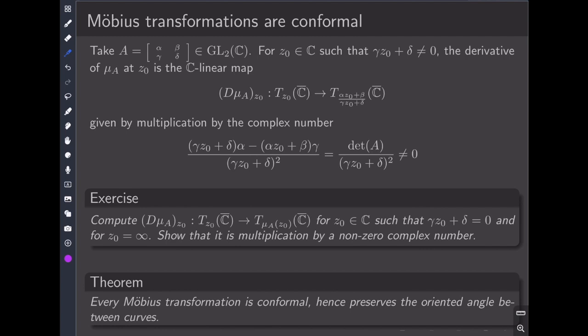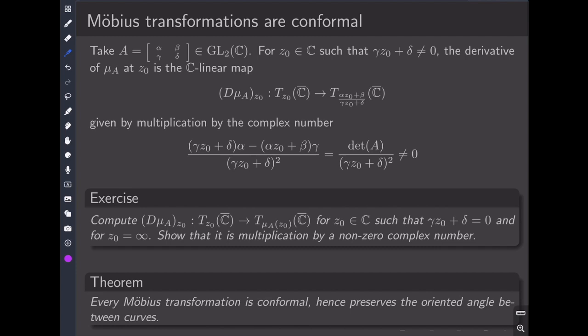The short way of doing it is saying, okay, P1 C or C bar is a Riemann surface, and one can check that Möbius transformations are holomorphic maps of C bar, right? Now the thing is, okay, how do you check that? Well, you have to take at some point just the derivative. I mean, you have to do it by hand at some point.